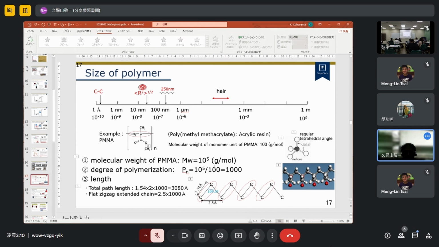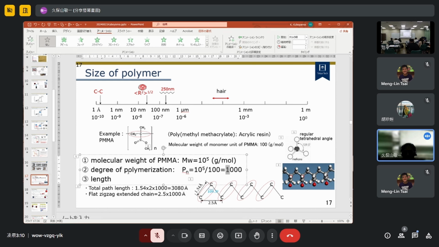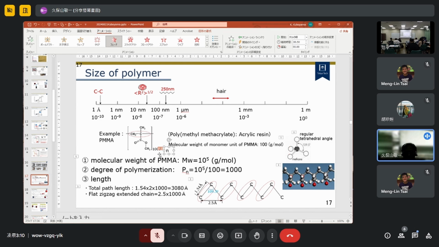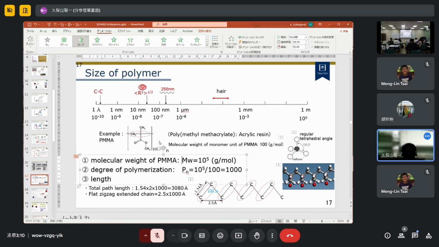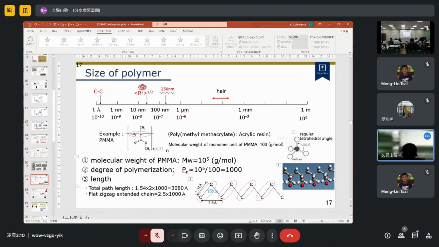So the degree of polymerization is around 1000. And normally the polymer is three-dimensional. This one is carbon, and these four are, for example, hydrogen.